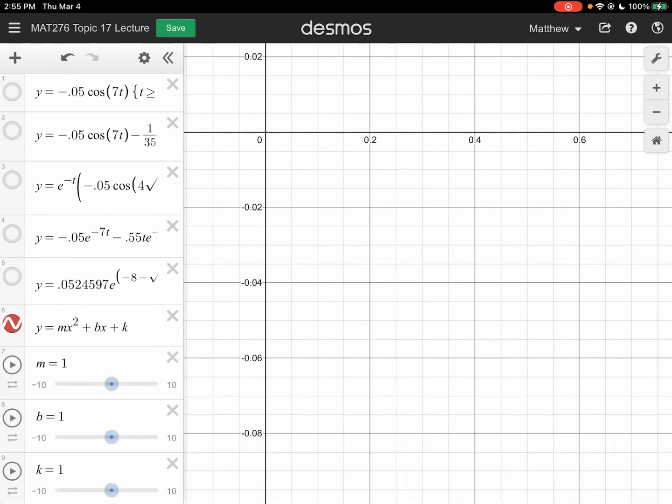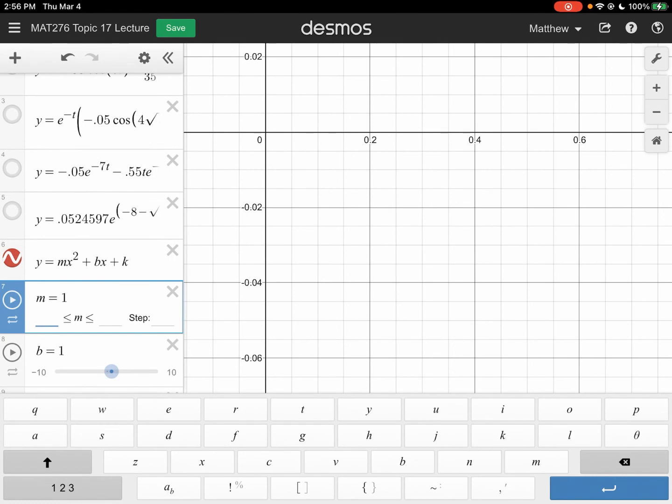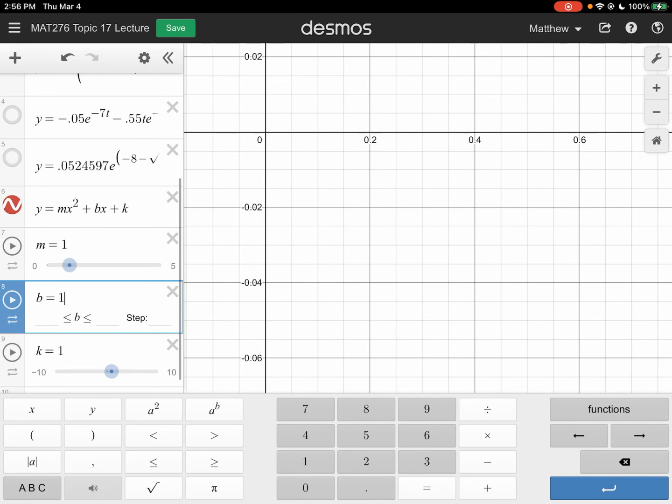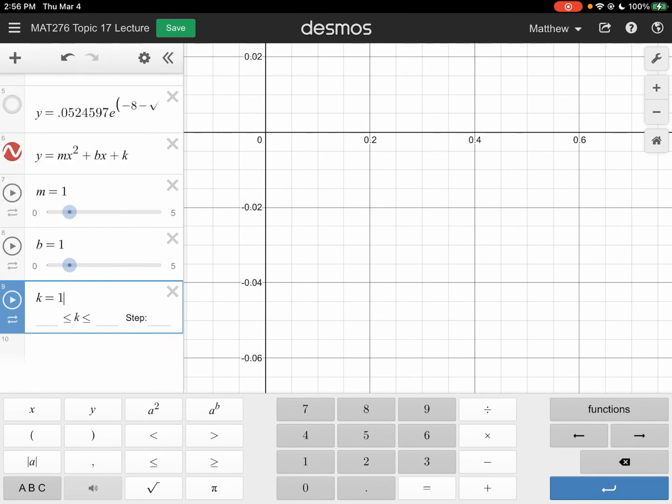Now keep in mind that m has to be positive, but I'm going to put a lower limit of 0 on that, and a max of 5. B is the damping coefficient, and that can go as low as 0. Again, we'll put a max of 5 on that. And k is the stiffness coefficient, and that has to be positive as well, so let's say 0 to 5.